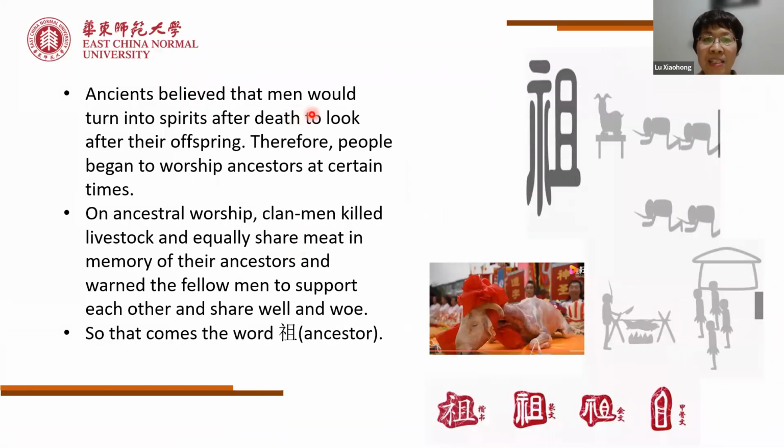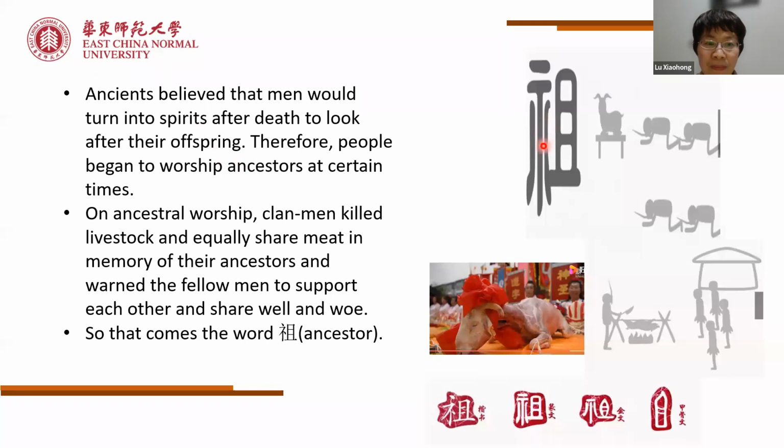So Asians believe that men would turn into spirits after death to look after their offspring. So when a person passes away, his soul will become a spirit to look after offspring. Therefore, people began to worship ancestors at certain times. They would kill livestock and equally share the meat in memory of their ancestors, of the deceased.